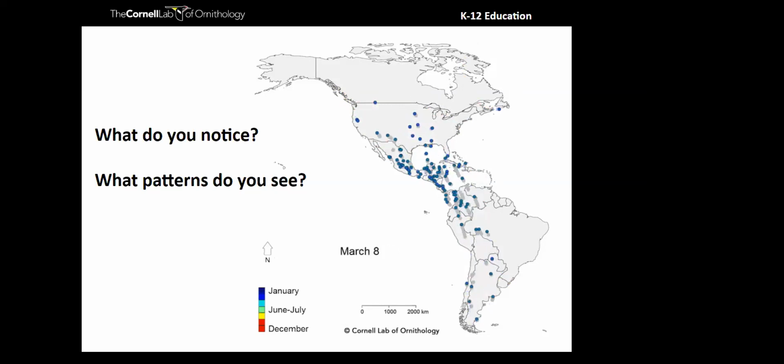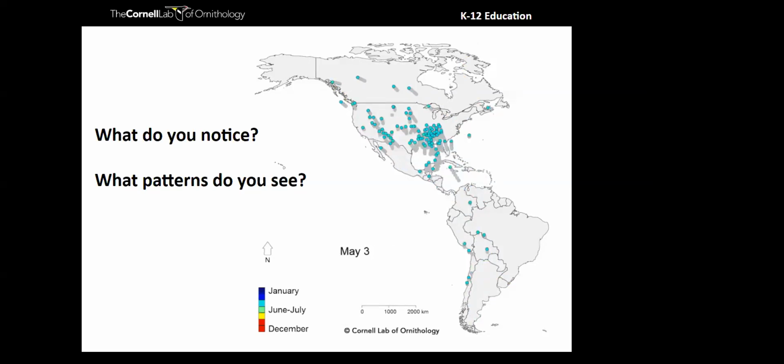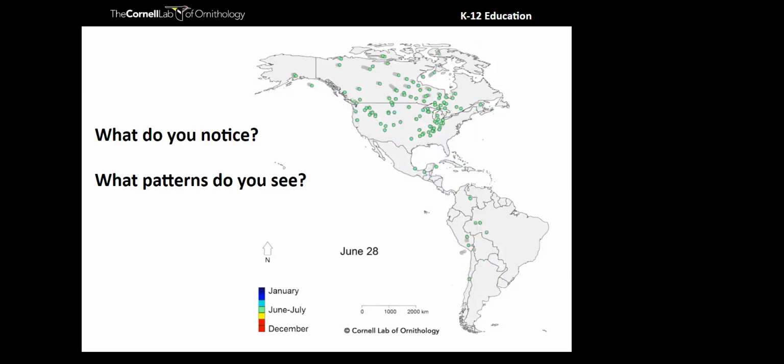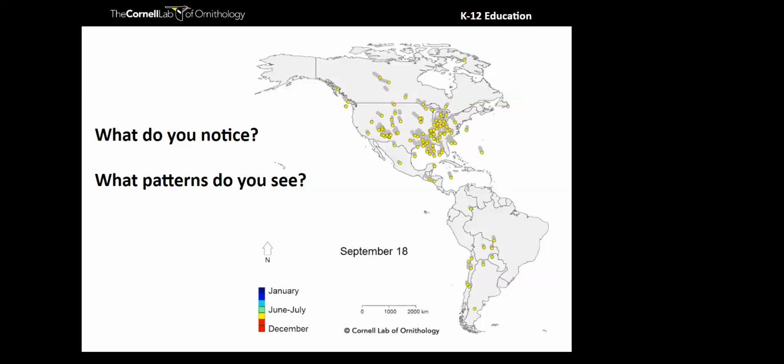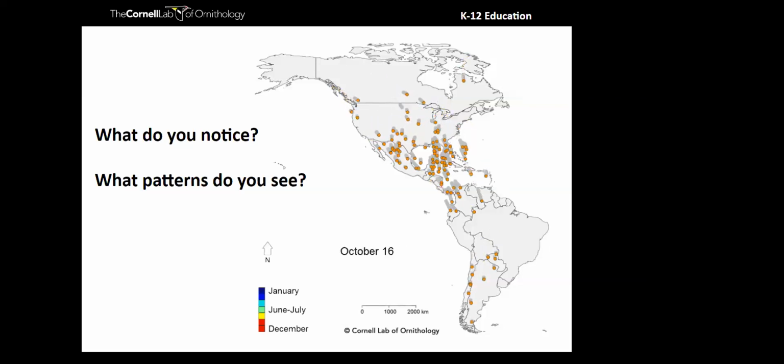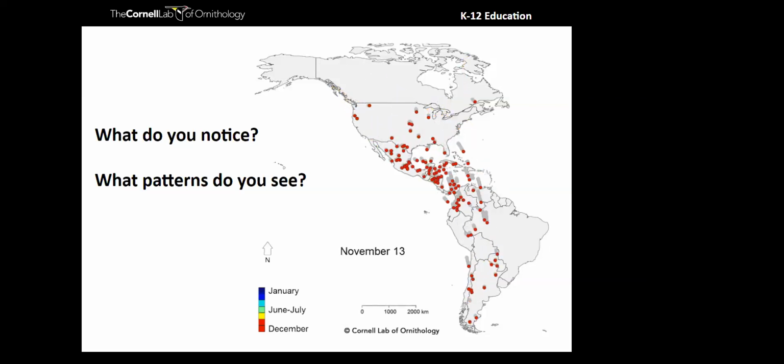I'll reveal the answer later and we'll get to see this. But you're right. You know that we are at the Cornell Lab of Ornithology, so this is about birds. And I think that this GIF kind of beautifully illustrates that birds don't see borders and they move around.